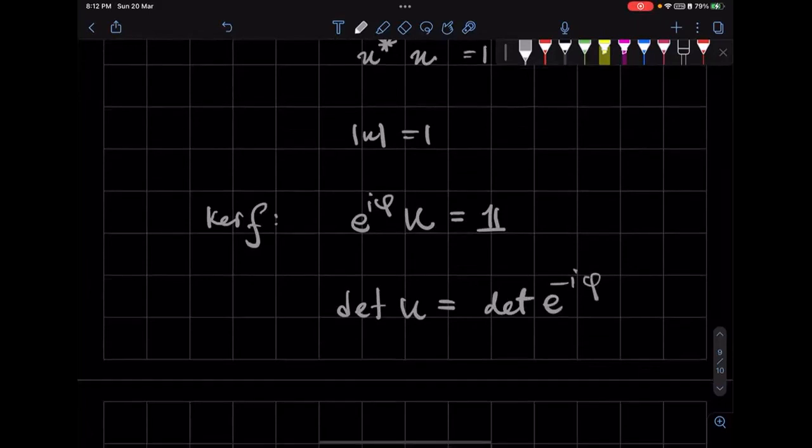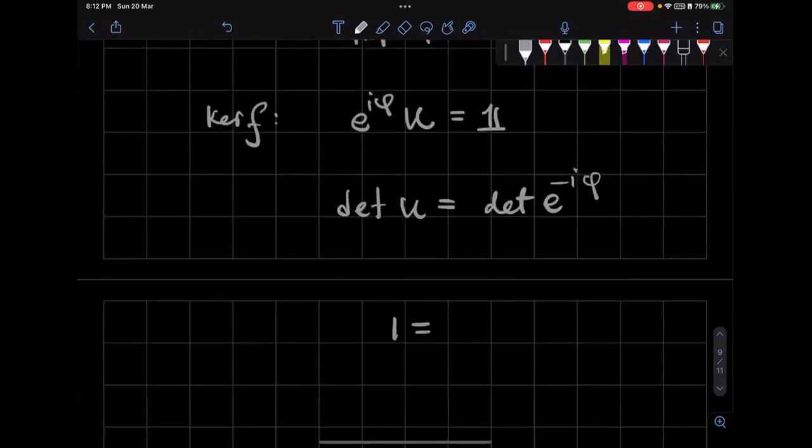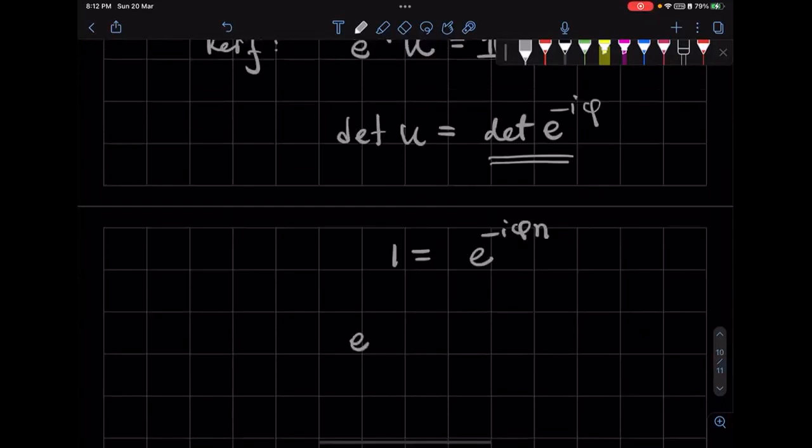But the determinant of U is 1, and the determinant of e to the power i phi is e to the power minus i phi n. Therefore, we see that e to the power minus i phi has to be of the form e to the power 2 pi i over n.